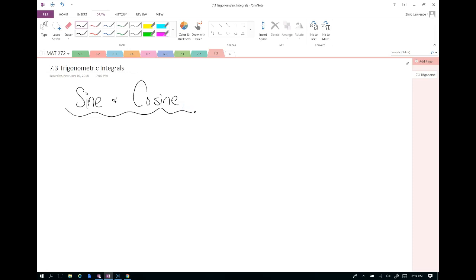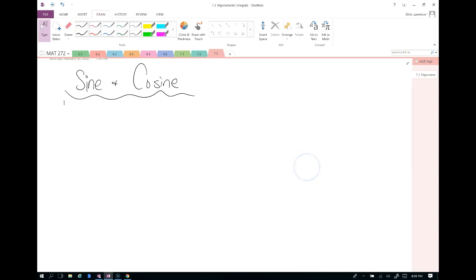If you are asked to integrate some expression with sines and cosines and possibly powers of sines and cosines, what you need to keep in mind, and we will write this down to help us, is that the derivative for sine is cosine, and the derivative for cosine is negative sine.